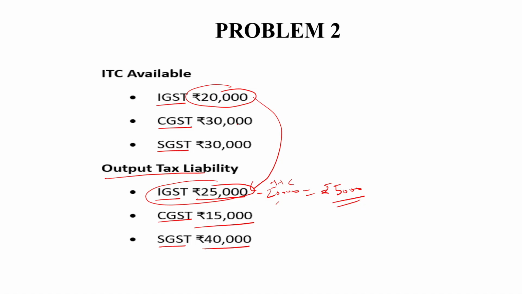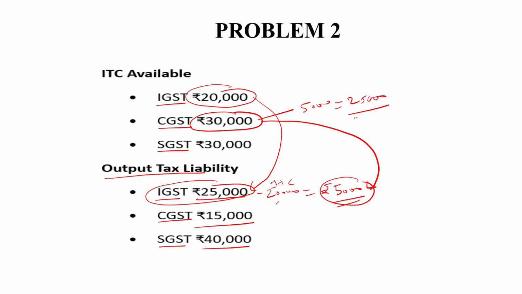But now we already have CGST of 30,000. Whenever CGST is there, it can be used to set off IGST first. So how much IGST is there? Total 5,000. So from this 30,000, we can deduct 5,000, and we have around 25,000 CGST.